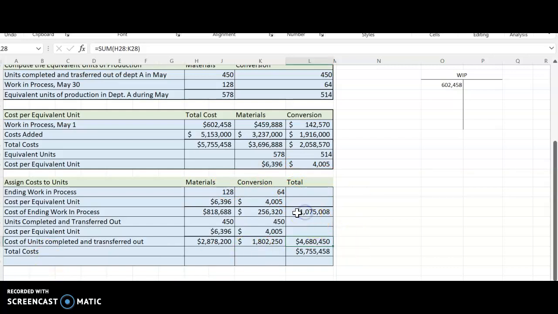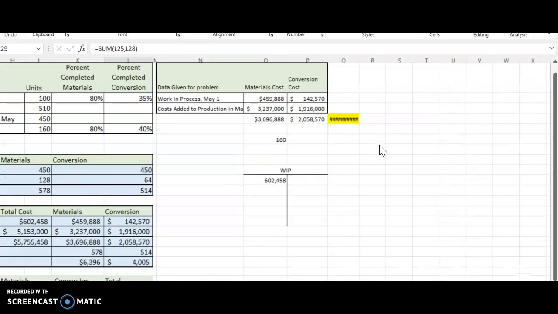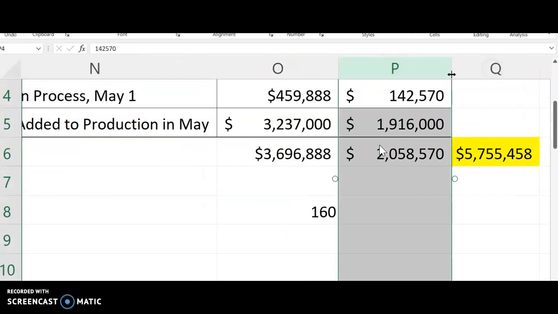Now we have the costs in our work in process that we still have, and the costs that were transferred out. This number here will be our check figure, which will tie out to your total costs.